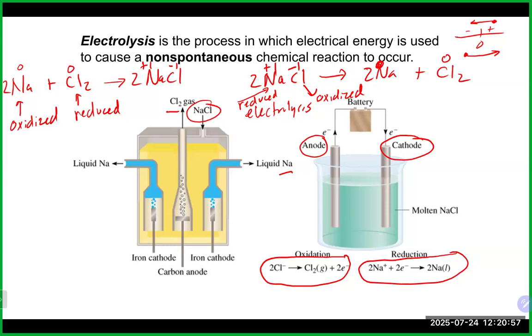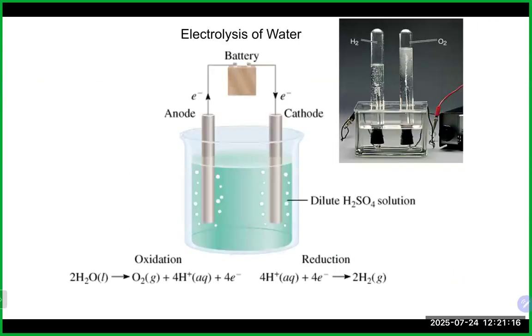A very common mistake people make when they do electrolysis problems is they think about it being made, which is the earlier situation, and they usually end up getting their anode and their cathode backwards. So in this process we're doing the opposite reaction, and you want to make sure that you're going in the right direction.